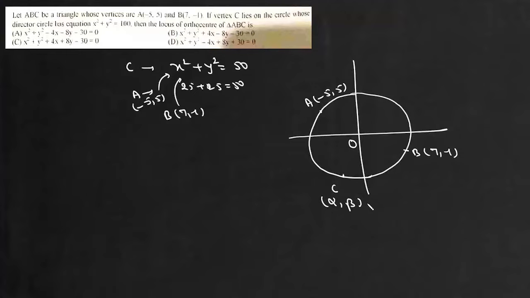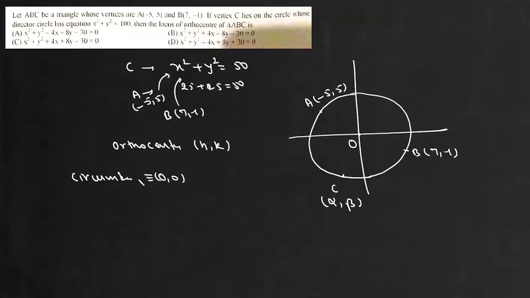which is suppose alpha beta, and suppose orthocenter of this triangle is at H comma K. Now circumcenter is at origin, so we have circumcenter at origin.